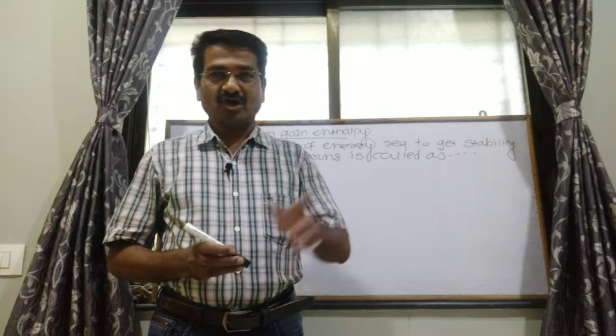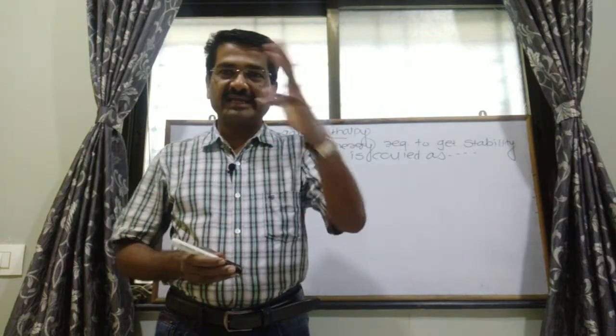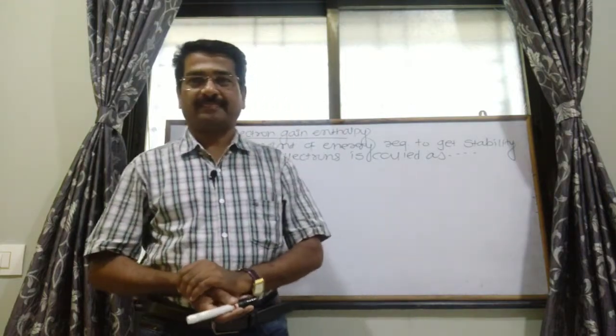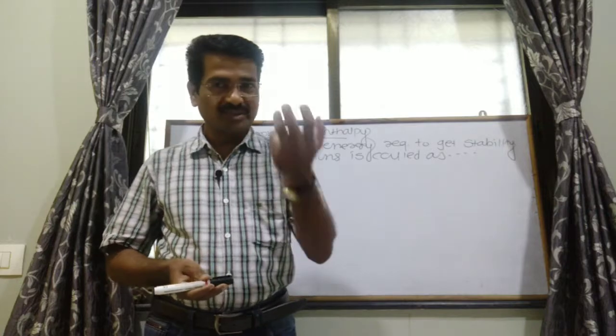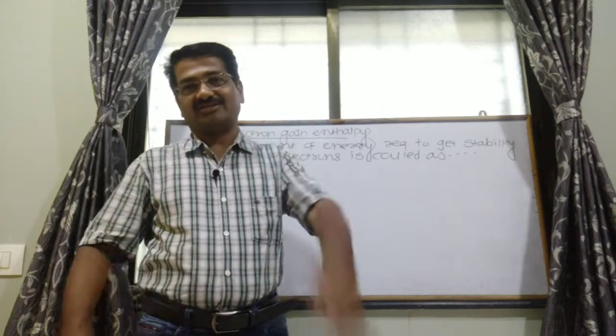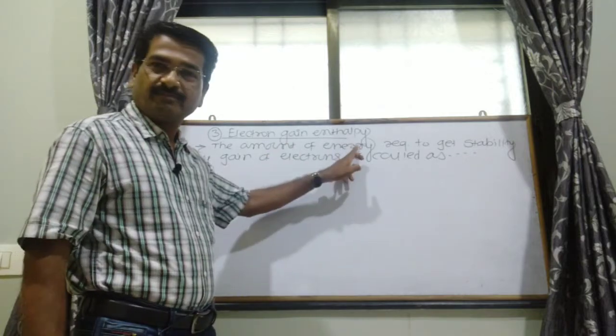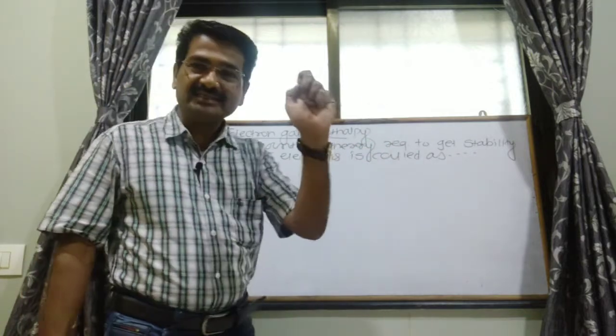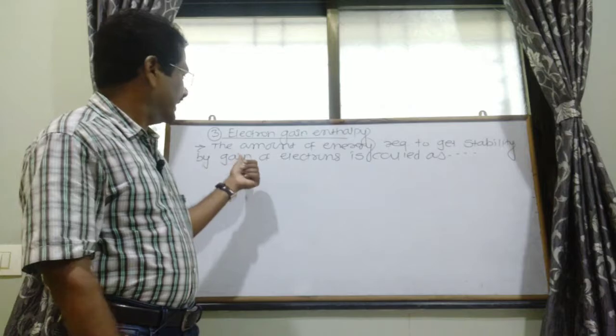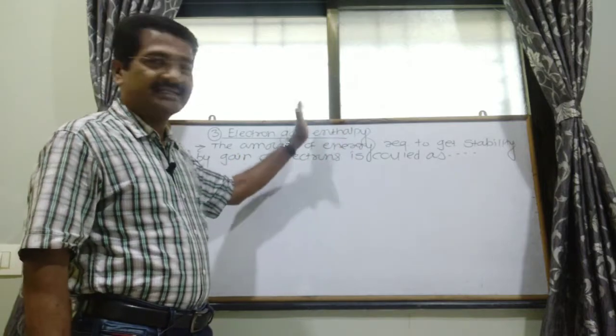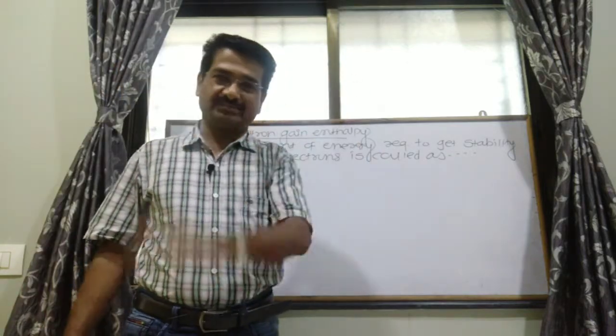Okay, all the p block elements are highly electronegative in nature, which have a tendency to gain electrons. Depending upon that, the amount of energy required to get stability by gain of electron is called electron gain enthalpy.